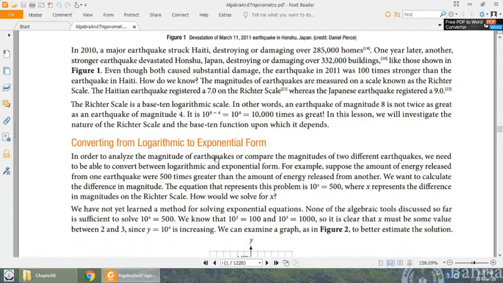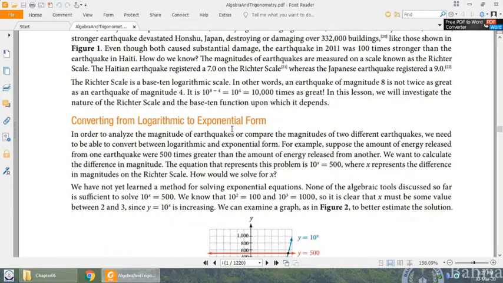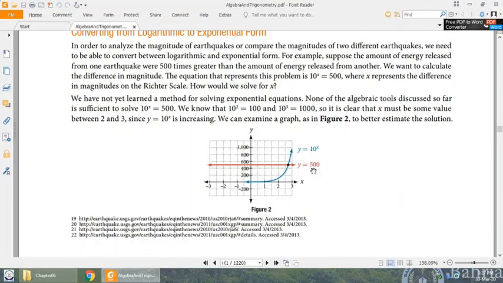Any kind of exponential increase you can see in the graph here. Now 500 represents the figure you have to arrive at. How many times do you have to multiply 10 so that it gives you 500? If it is 10 squared, it is 100, and if it is 10 cubed, it is 1000.